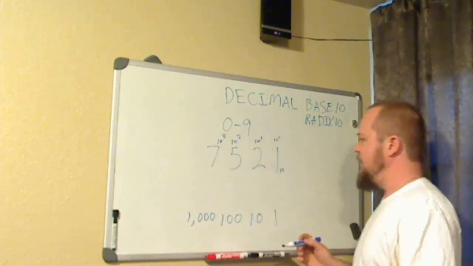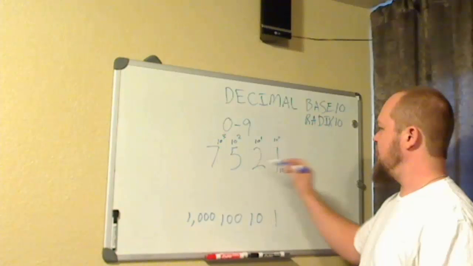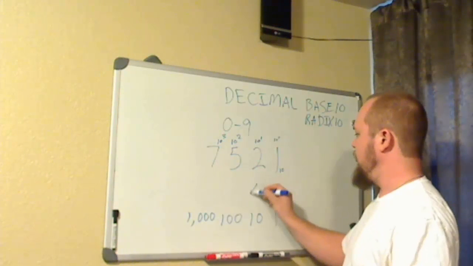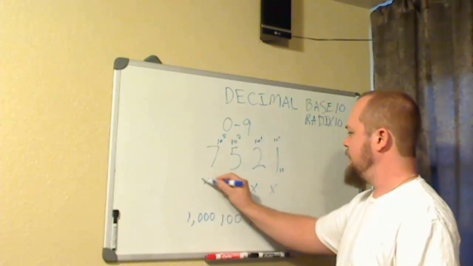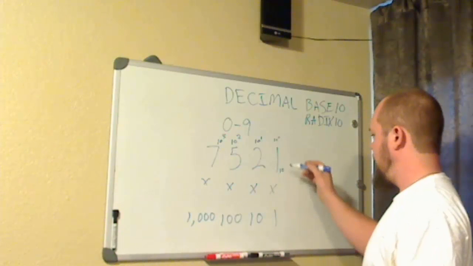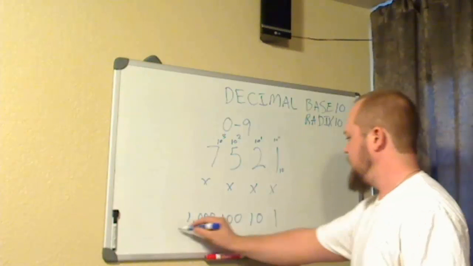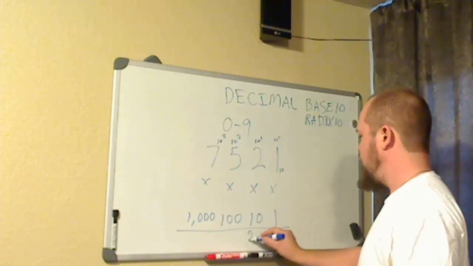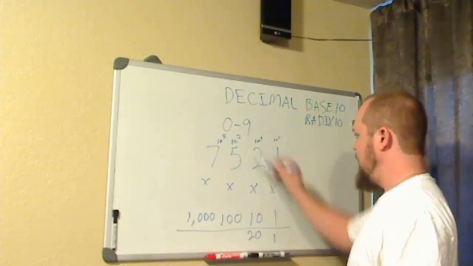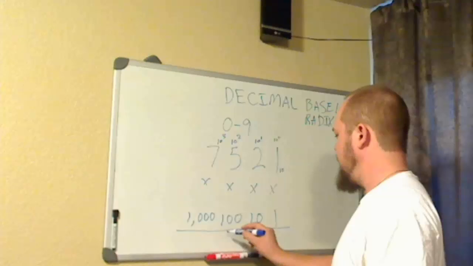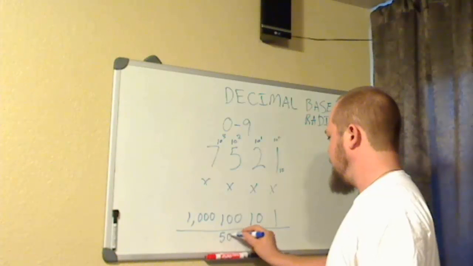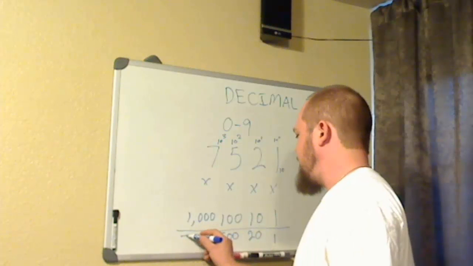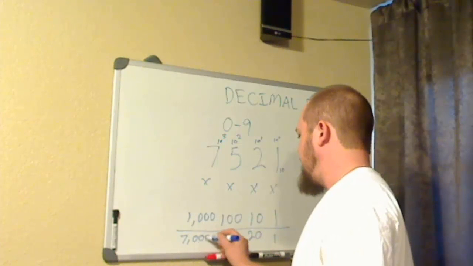Now, each one of these digits corresponding with their positional weights, if we were to multiply this, we would have 1 times 1 is 1, 2 times 10 is 20, 5 times 100 is 500, and 7 times 1000 is equal to 7,000.